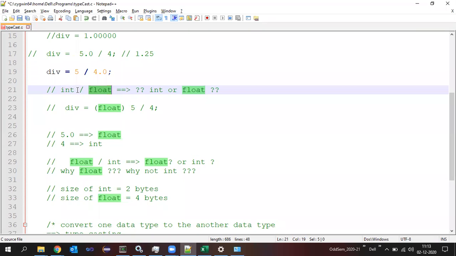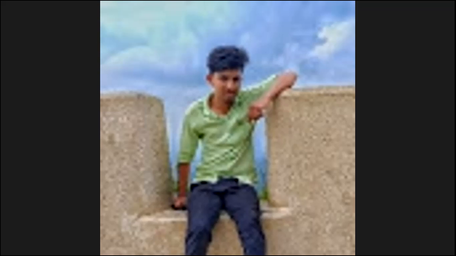Now integer means 2 bytes of data, and we are dividing by 4 bytes of data. Between these, which one has the larger size? It is float.